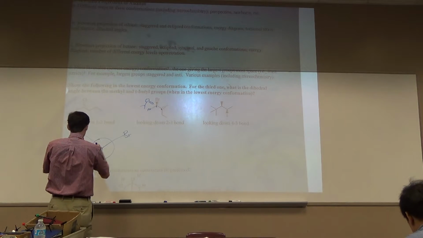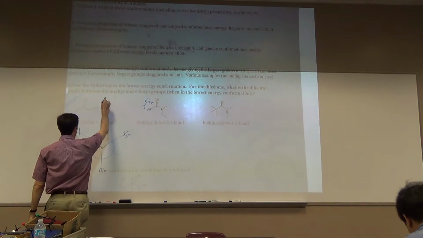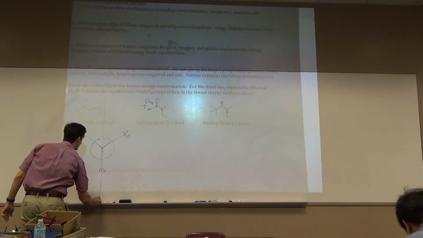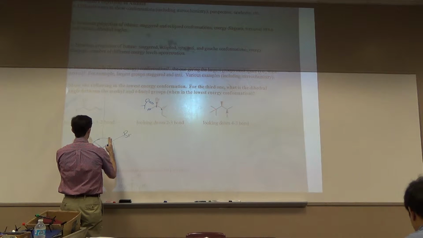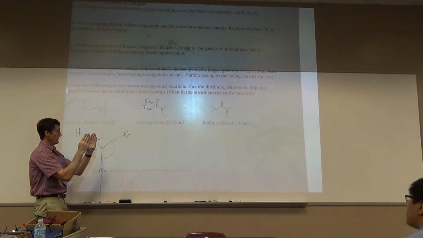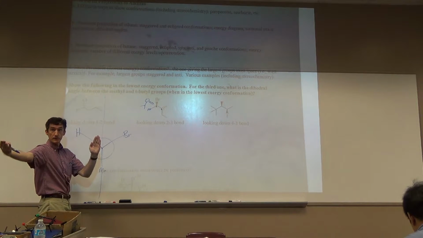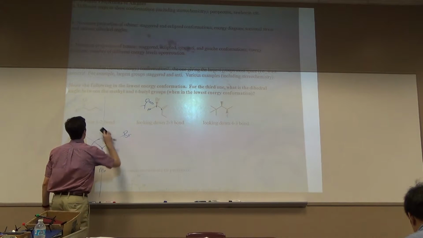And I'm drawing what I see, H to the left. Really, here's the board. Okay? But I've just turned it. If I take this board here and turn it this way, the bromine's coming towards you guys. Okay?